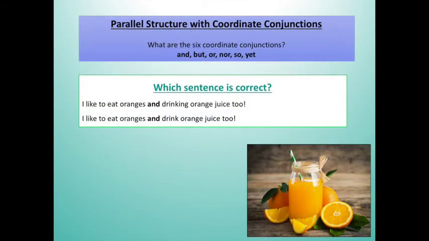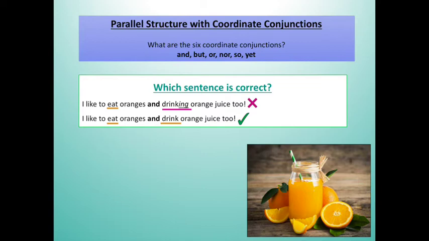Look at these two sentences. Which one is correct? I like to eat oranges and drinking orange juice too. Or, I like to eat oranges and drink orange juice too. The second sentence is correct.